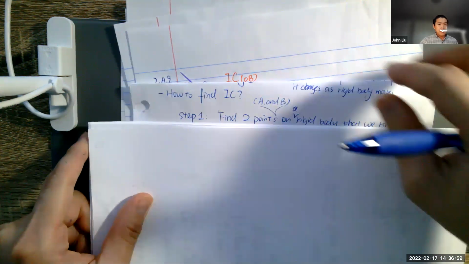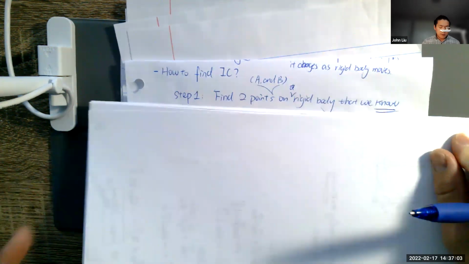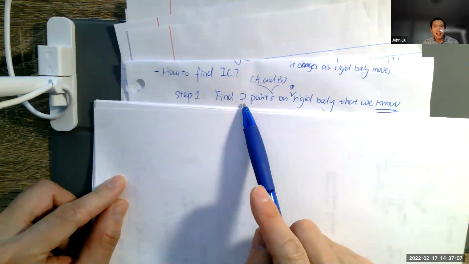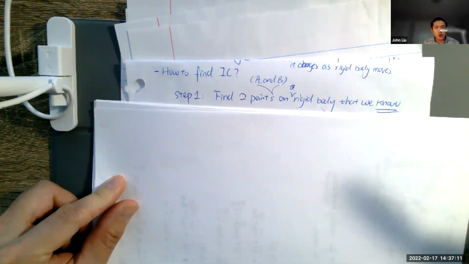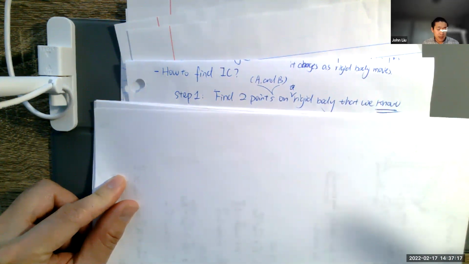To find the instant center, we have four steps. The first step is to find two points A and B on the same rigid body, the rigid body for which you are trying to find the instant center.